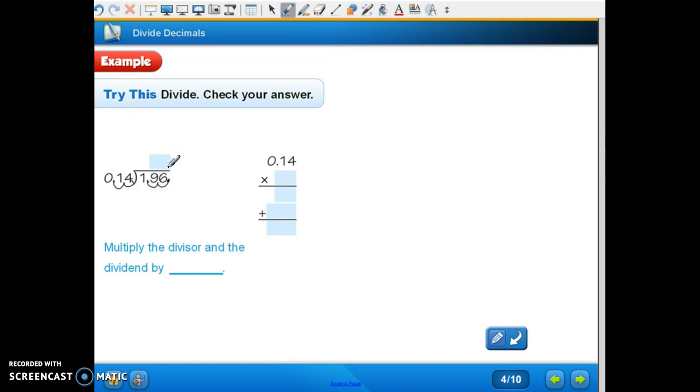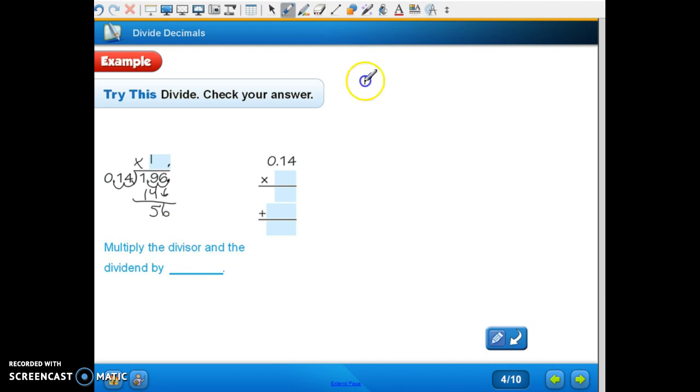Okay, now let's do our work. How many 14s in 1? None. How many 14s in 19? 1. If I bring that down and I subtract, 9 minus 4 is? 5. And I bring down my 6. So now I have 56. How many 14s are in 56? 3, 4.